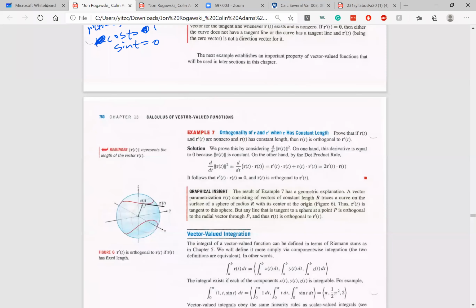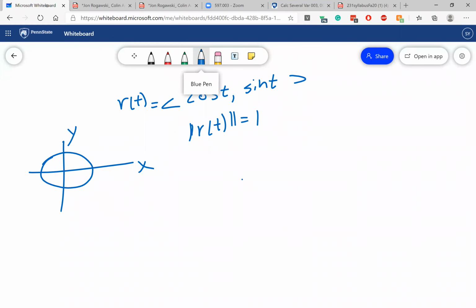So we have the assumption, right? They want us to show that if r of t and r prime of t are non-zero, and r of t is constant length, which is what we have right now, then r of t is orthogonal to r prime of t. Now let's take r prime of t. This is going to be negative sine of t, cosine of t. Now let's dot these two.